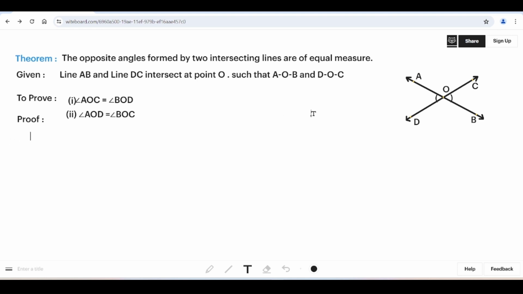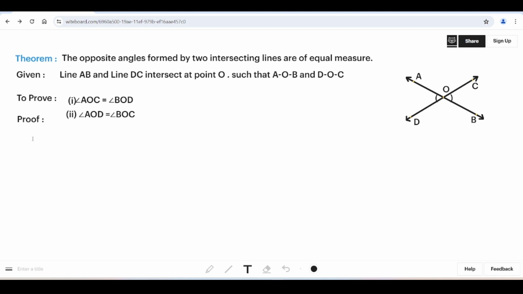So now, the proof. Now see, we have angle AOC and angle BOC. These form a linear pair of angles. Now what is a linear pair of angles? Angles that share one common arm. Now, the arm you can see is ray OC. That is a common arm for both the angles. Then their total sum is how much? 180 degrees. It means they are a linear pair of angles.